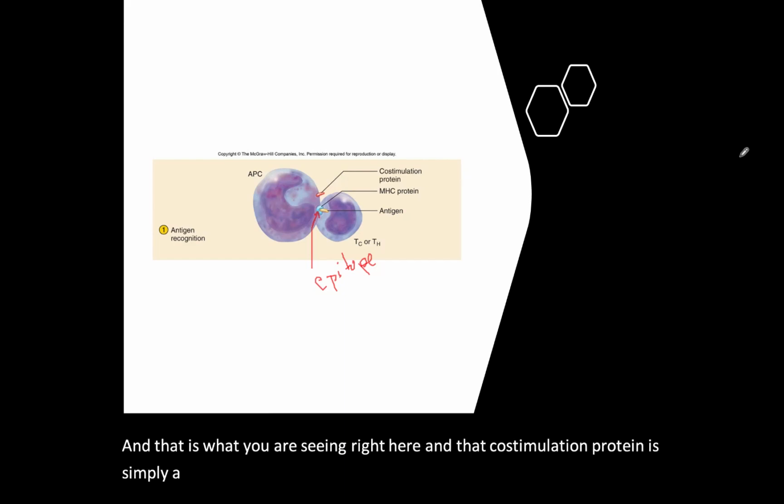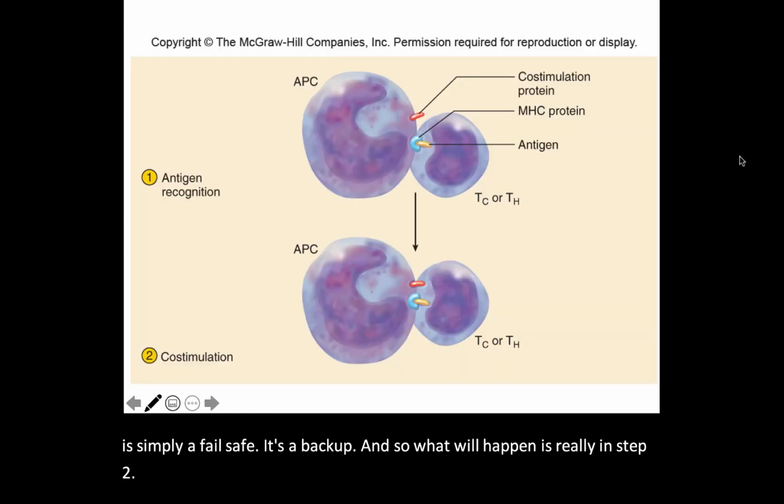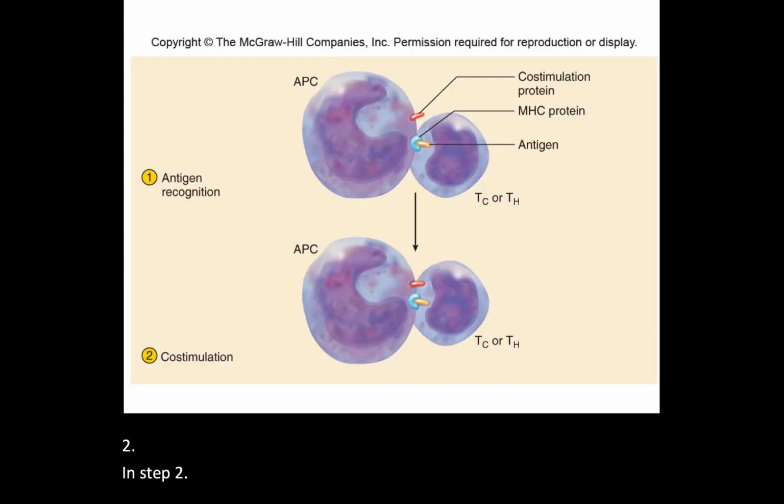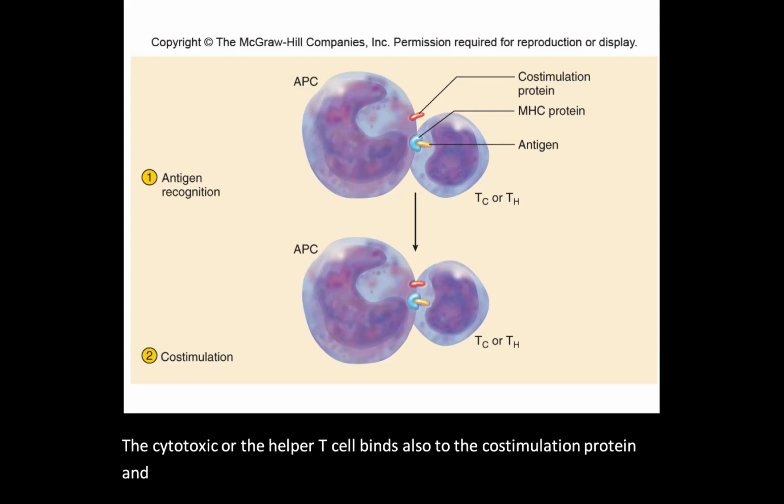It's a backup. And so what will happen is really in step 2, the cytotoxic or the helper T cell binds also to the co-stimulation protein. And it says, yep, you are a verified APC. The MHC1 or MHC2 receptor is legit.